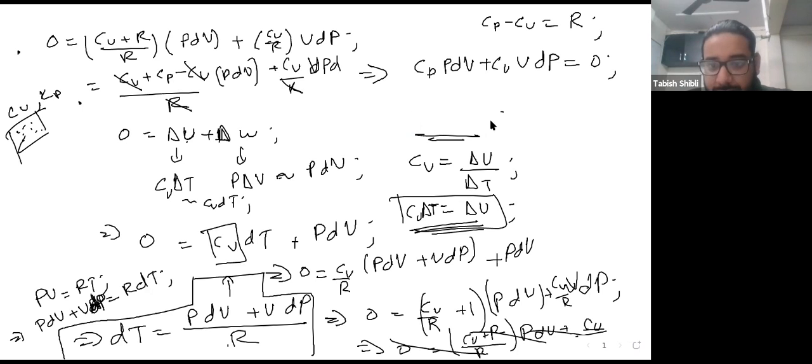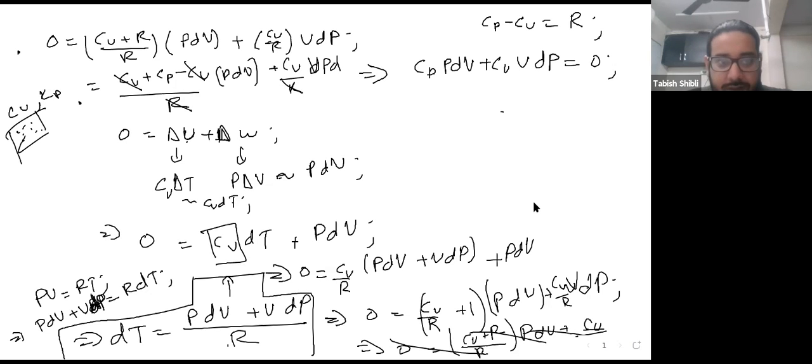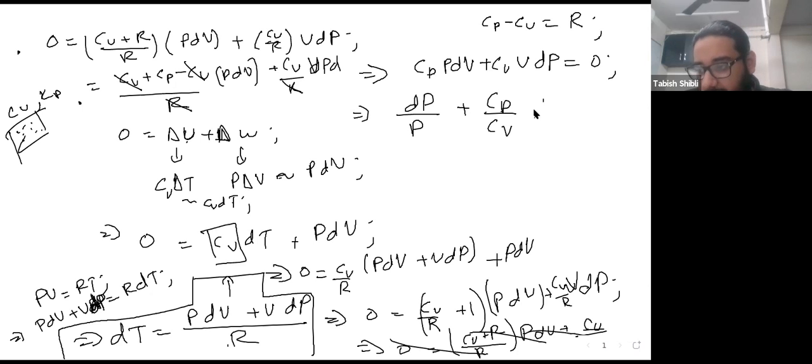Let's simplify this further. We can write this as dP divided by P plus Cp divided by Cv times dV divided by V is equal to 0.